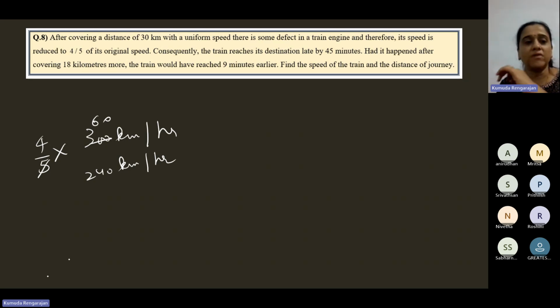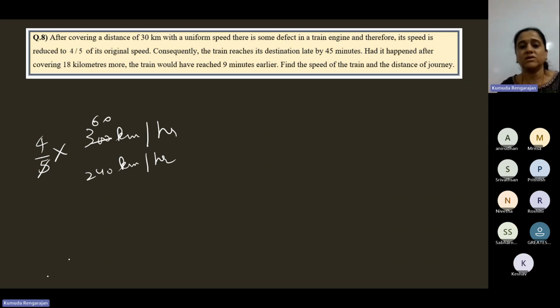Had it happened after covering 18 kilometers more, that is after covering 30 plus 18, 48 kilometers, the train would have reached 9 minutes earlier.